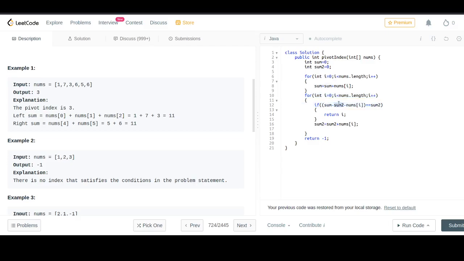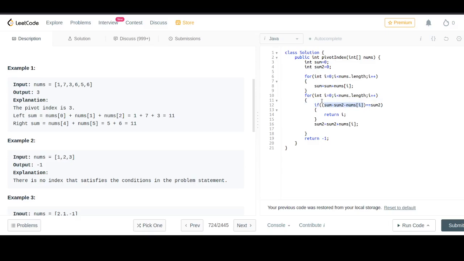From the total we subtract sum2, which is the current running sum that we are calculating, and we also subtract the current index value, because we don't want to include it when calculating the right or the left side.